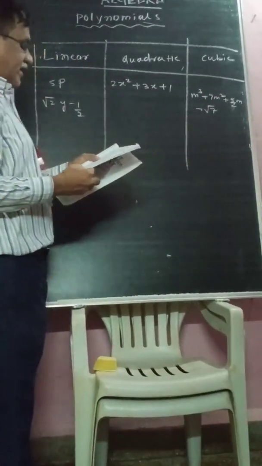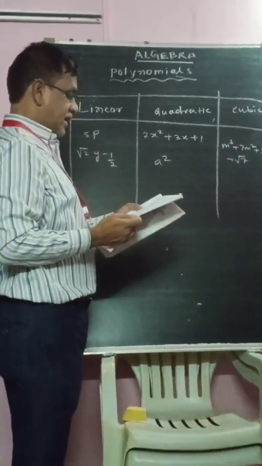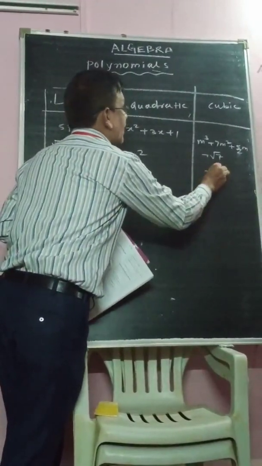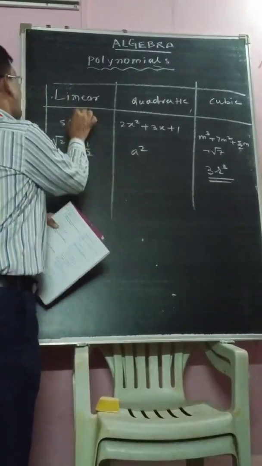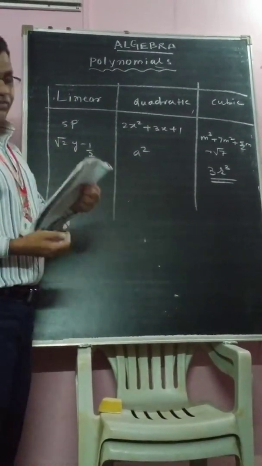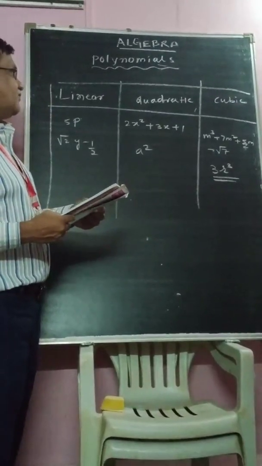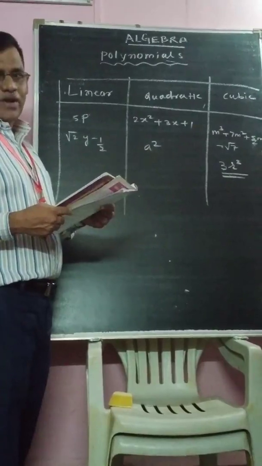Now fifth one, a square. A square is quadratic. And sixth one is 3r cube. Power is 3 means it is cubic. Power is 2 means it is quadratic. Power is 1 means it is linear. In this way, you can differentiate the given polynomials into three types: linear polynomial, quadratic polynomial and cubic polynomial.